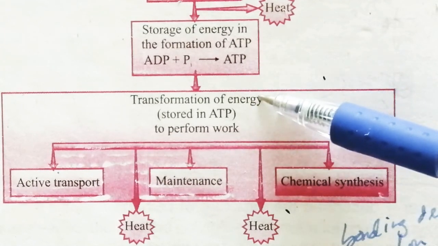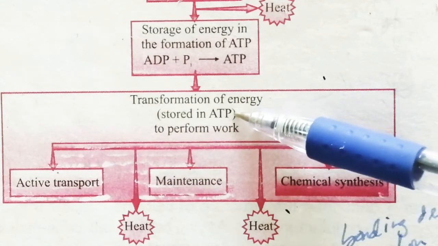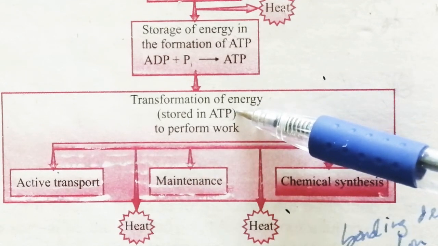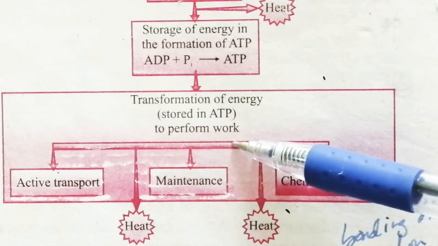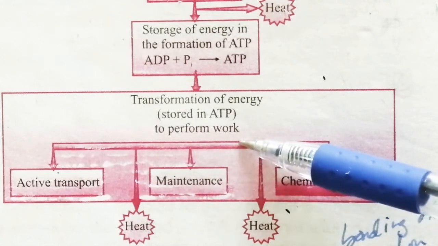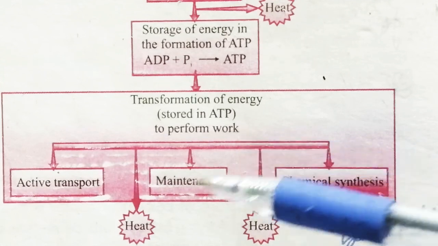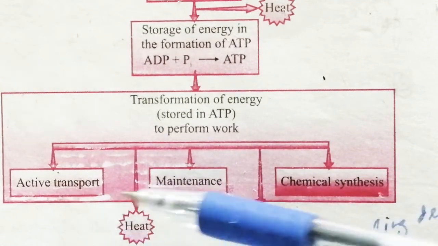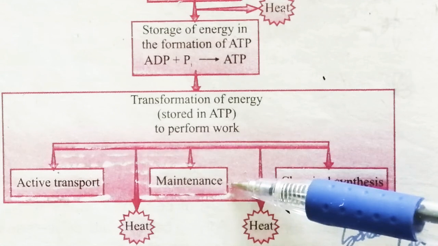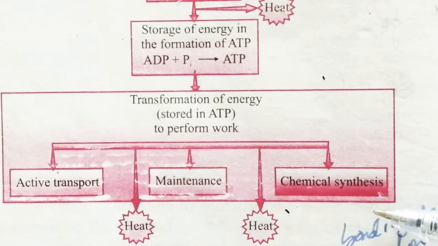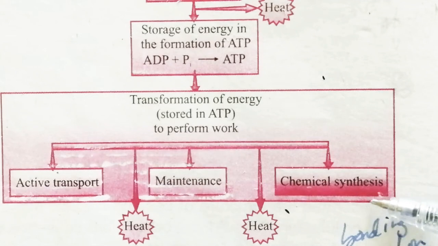Now this energy which is stored in ATP is again converted into kinetic energy in order to perform work, in order to perform different life processes, including active transport, maintenance of the body, and the chemical synthesis or chemical anabolic processes which are taking place inside the body.